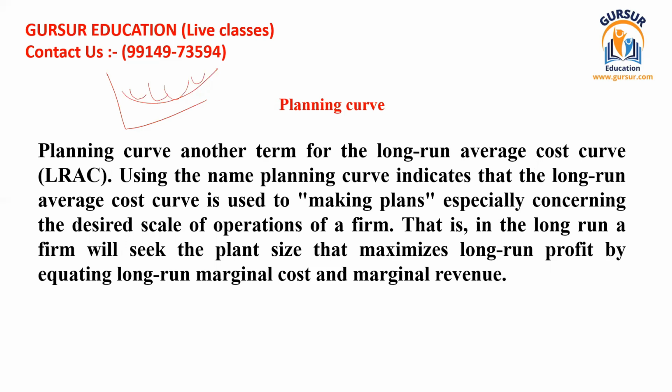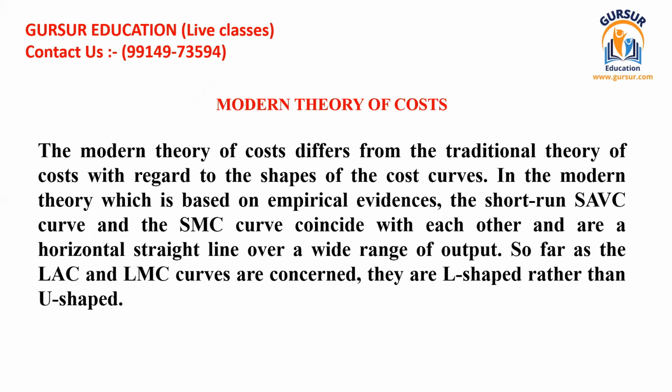The important thing here was the shape of the different kinds of curves, and in the traditional method, these are U-shaped curves. Now we are talking about the modern theory of cost. The only difference is that it differs with regard to the shape of the cost curves only. In the modern theory, which is based on empirical evidence, the short run average cost curve and SMC curve coincide with each other, and they give a horizontal line over a wide range of output.